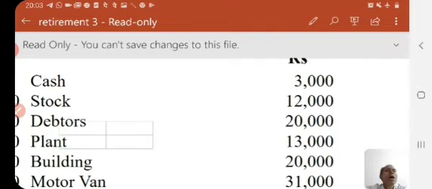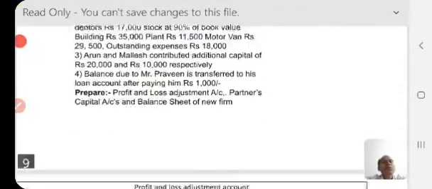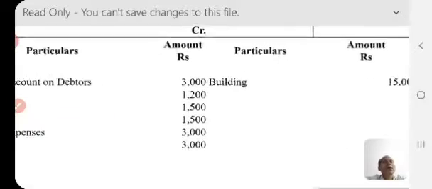Debtors are reduced by 3,000. So that 3,000 is made for provision for doubtful debts. That is recorded in the revaluation account.